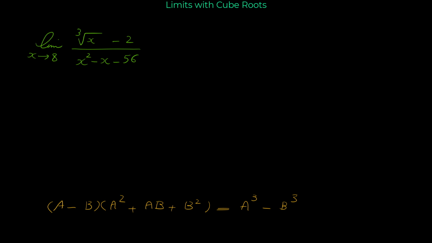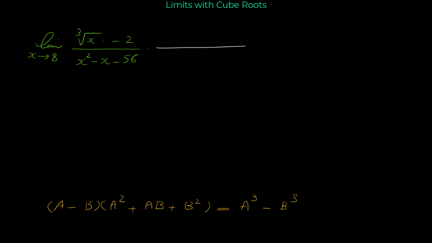And don't forget, you have to multiply the numerator and denominator by that, not only the numerator. So we multiply the numerator and denominator by a to the 2 plus ab plus b to the 2. And don't forget, a is cube root of x and b is 2.